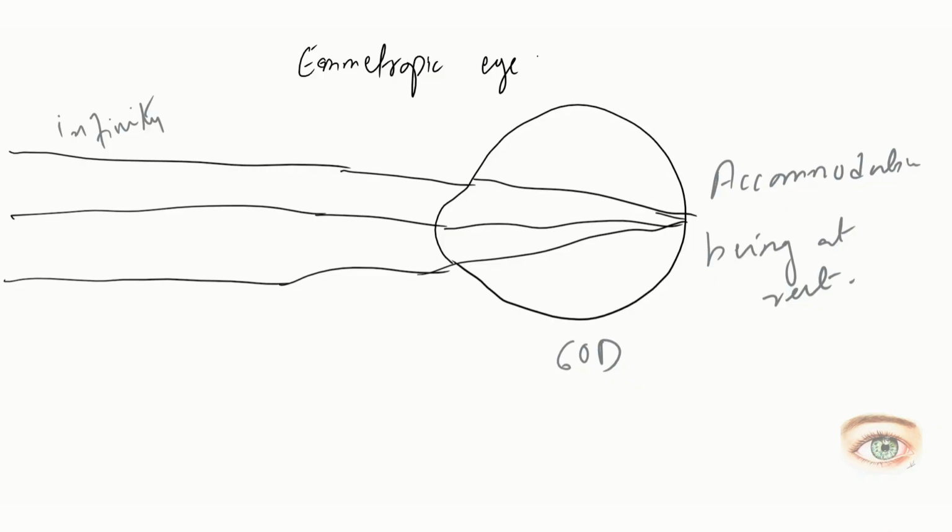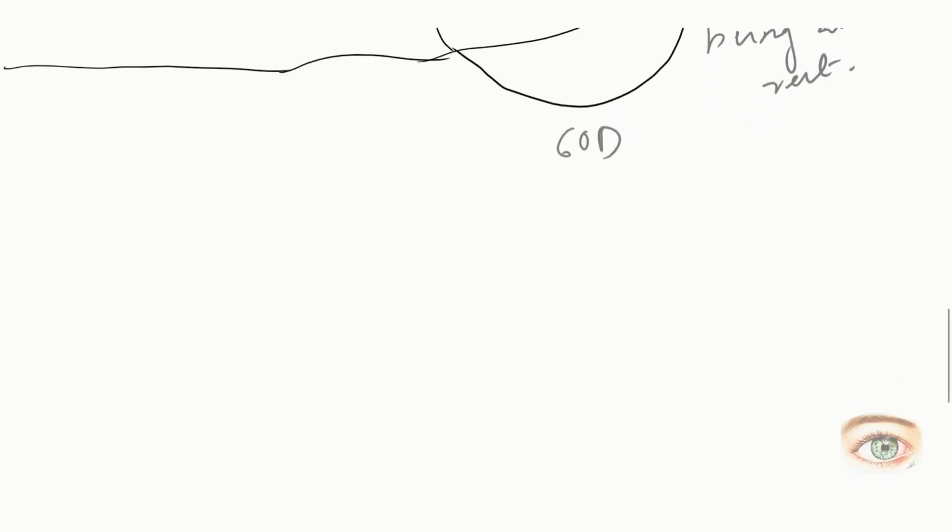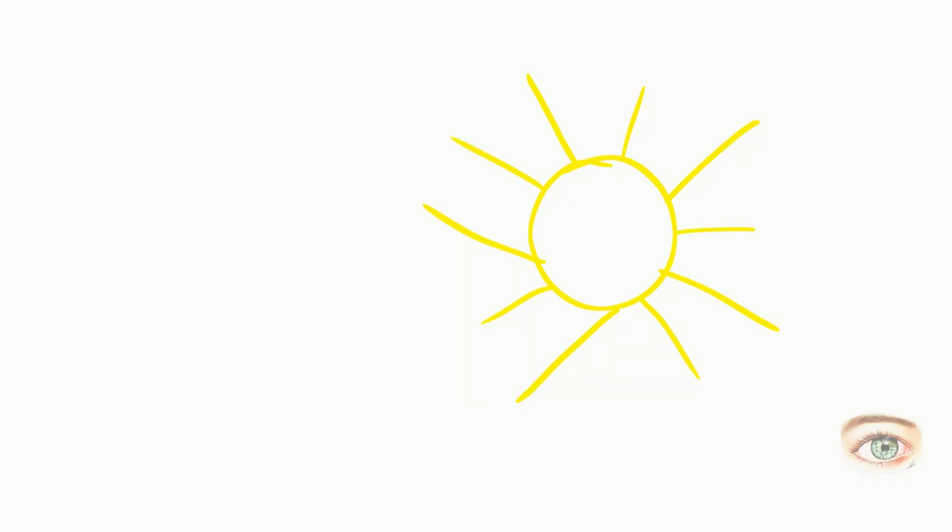Now, what happens if the light changes its path, and why would it do that? Do you remember when we were little, we used to draw the sun like this? We did that because the light rays are actually divergent. They are diverging from a point source.